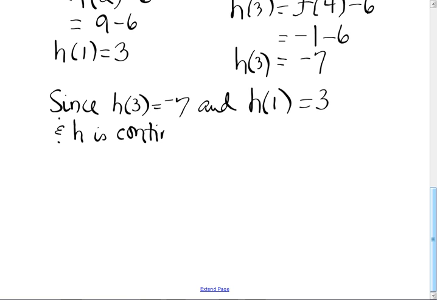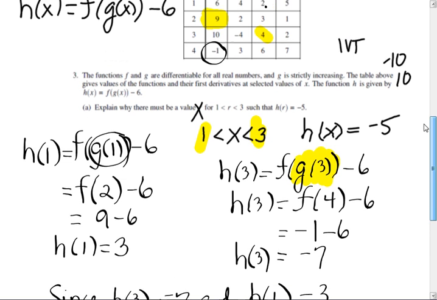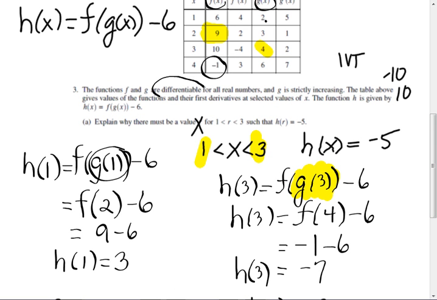How do I know it's continuous? Because I can't use the intermediate value theorem unless it's continuous. Well, you don't know why it's continuous. It is because of this word differentiable, which we're going to run into in the next chapter. If you have a function that's differentiable, it's also going to be continuous. So right now you just have to trust me.